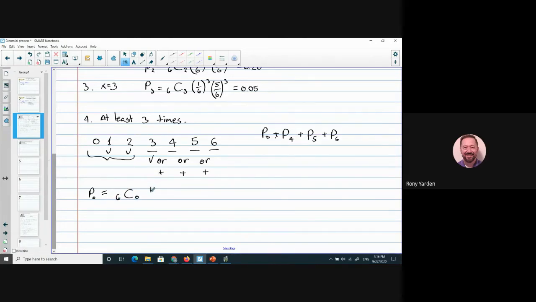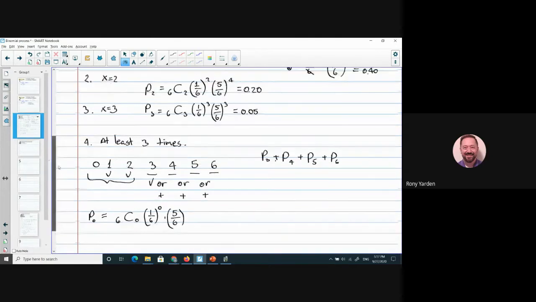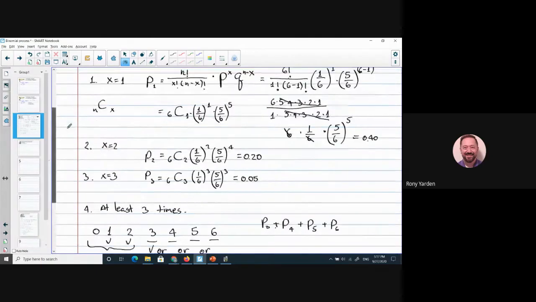And then we have 1/6 to the power of x, and x in our case is 0, times 5/6 to the power of n minus x, where n is 6. Just to remind you, I'll scroll up.